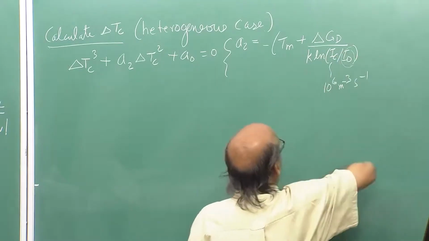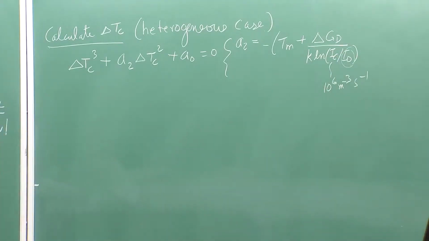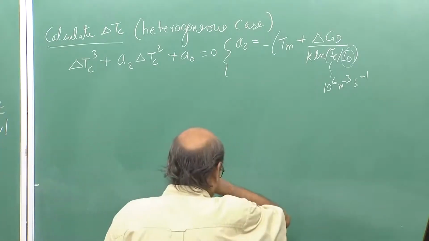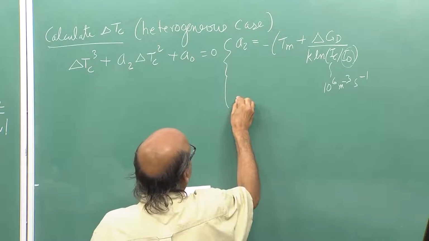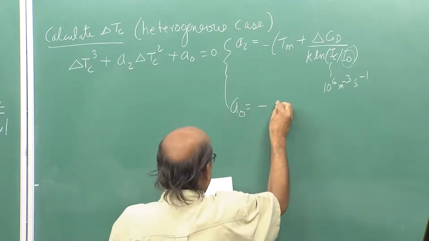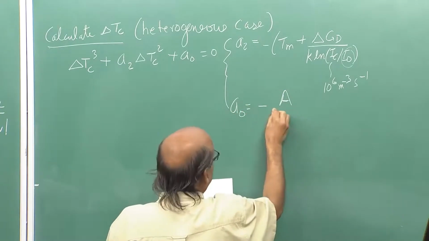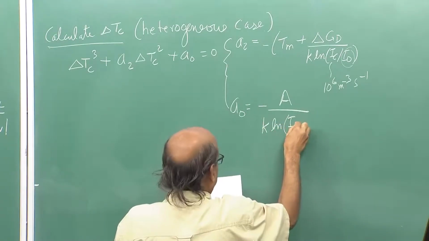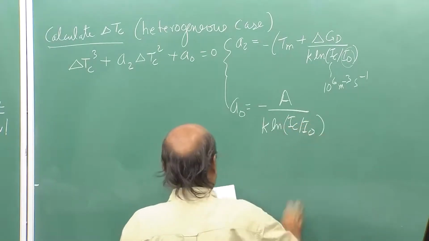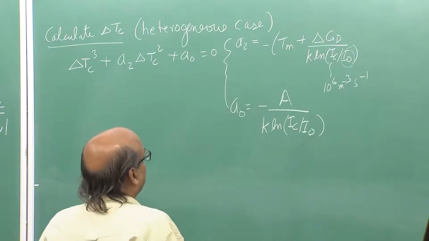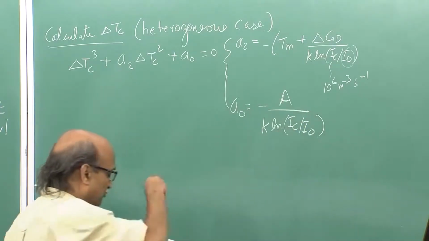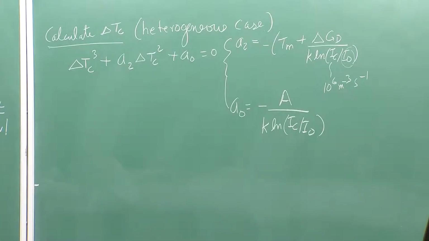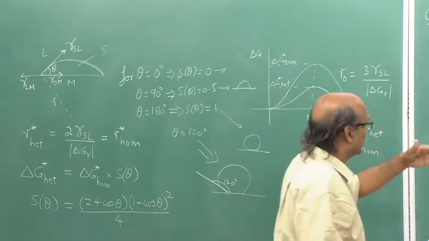I naught we will talk about a little later, what should be the value of I0. Similarly, if I look at A0, this is the constant A upon K ln Ic upon I0, and the constant A, you can go back to the earlier lecture, is a function of the change in enthalpy, change in the undercooling, etc.